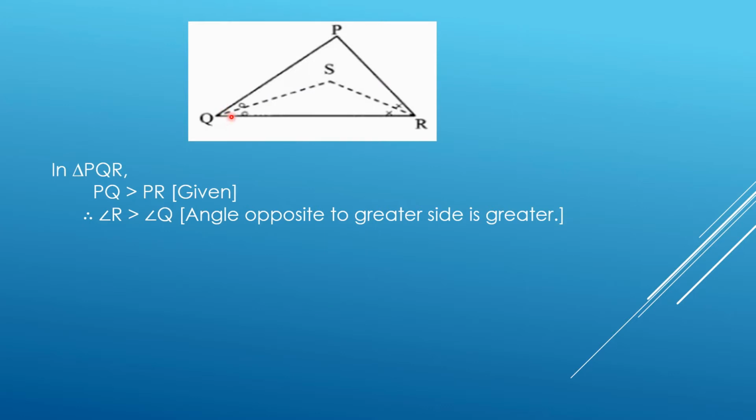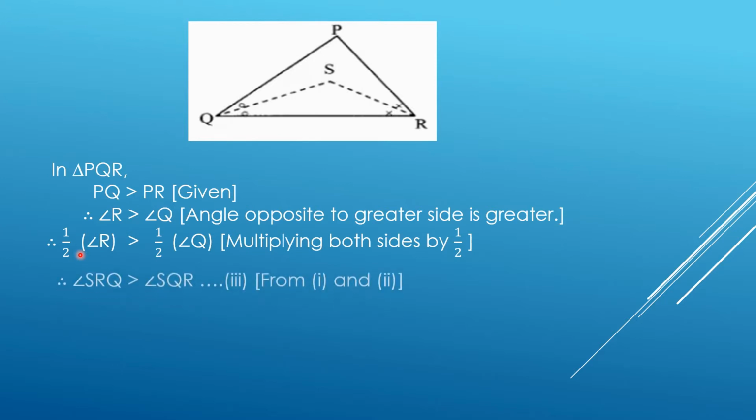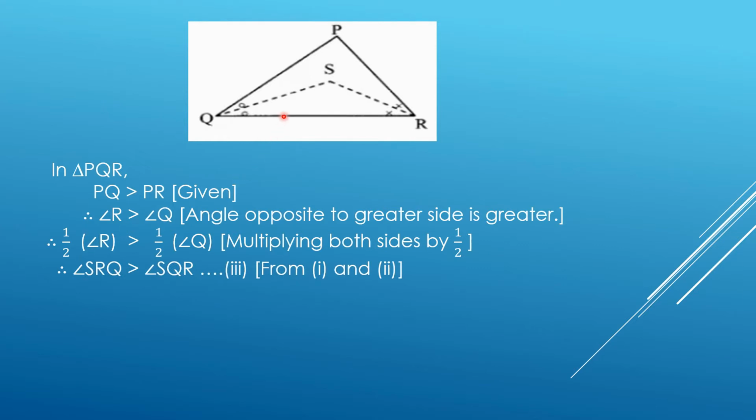Therefore, angle R is greater than angle Q. That is, the angle opposite to the greater side is greater. And in this inequality, I am multiplying both sides by 1 by 2. Therefore, half into angle R greater than half into angle Q. Therefore, half into angle R means angle SRQ is greater than angle SQR. That is the equation number 3.